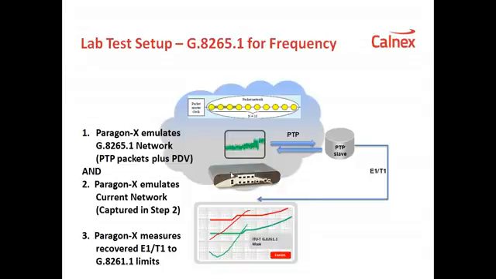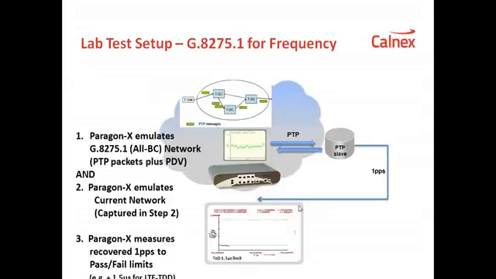So in other words, you use the Paragon X to emulate either the ITU-T hypothetical reference network and also your current network, and you measure the recovered clock to see whether it meets the limits. And that's for frequency. For phase, the 8275 network, again, the Calnex Paragon X product does exactly the same thing.